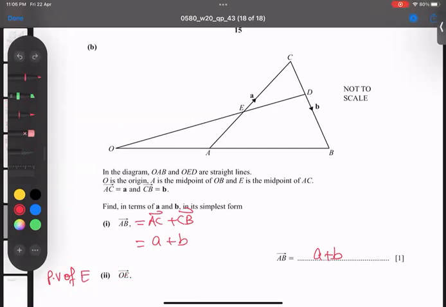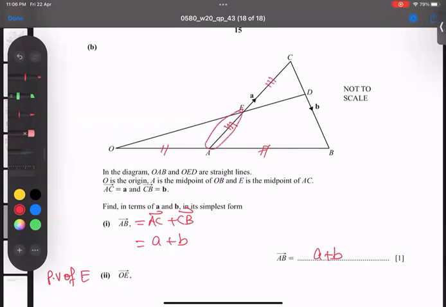Where is OE? OE is here. You can see this OE here. It means I have to use some extra information here. He mentioned A is the midpoint of OB, so this gap and this gap are equal to each other. And E is also the midpoint of AC, so this gap and this gap are equal.